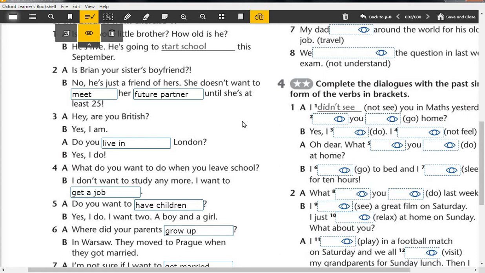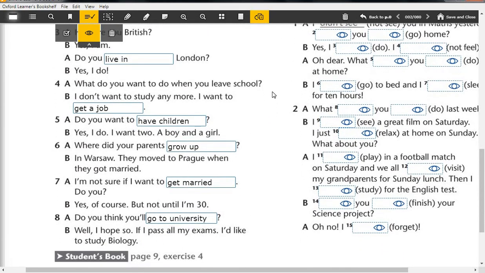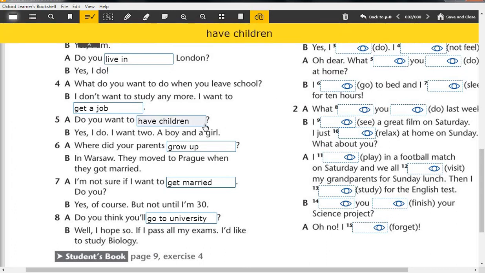3. Hey, are you British? Yes, I am. Do you live in London? Yes, I do. 4. What do you want to do when you leave school? I don't want to study anymore. I want to get a job. 5. Do you want to have children? Yes, I do. I want a boy and a girl. 6.